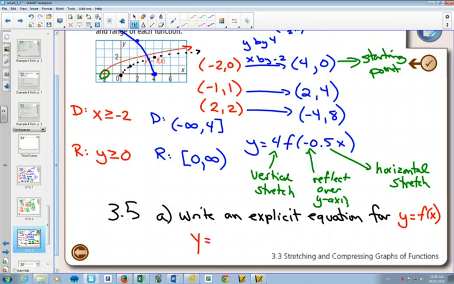Can you see a relationship between the red graph and our original graph? It moved to the left, right? So how do we write that? Well, that would be inside the function. And 2 to the left we would write as x plus 2.